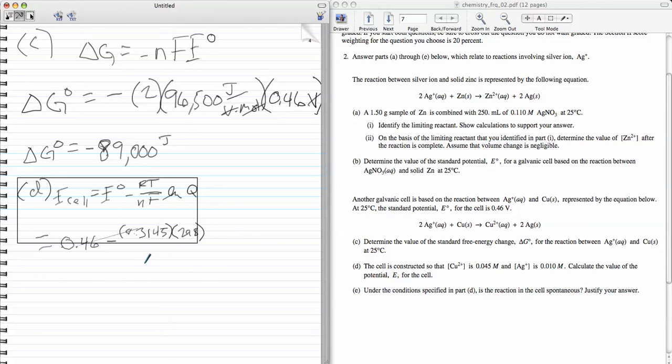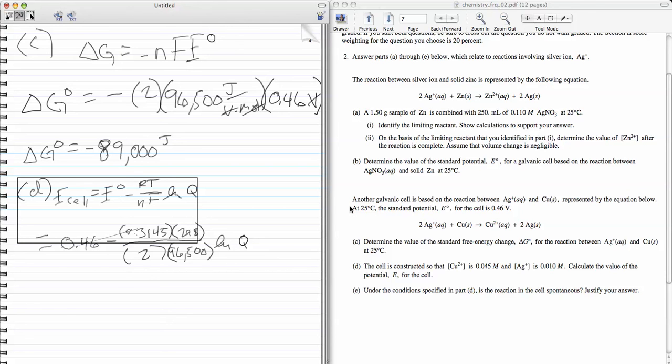We have our n, so n in this case is the same thing we were talking about up there, how many electrons are transferred. So that's going to be 2. And then F is going to be Faraday's constant, so 96,500. Okay, times ln of Q. And so Q, again, is like our equilibrium constant.